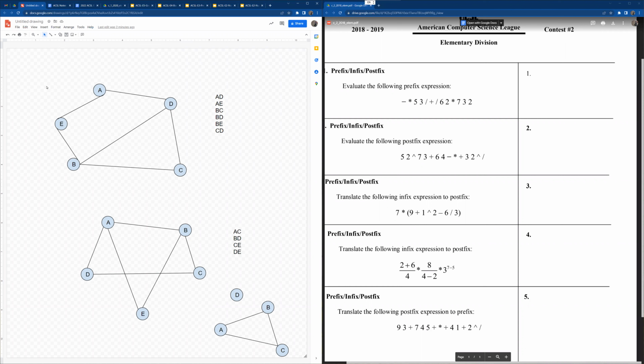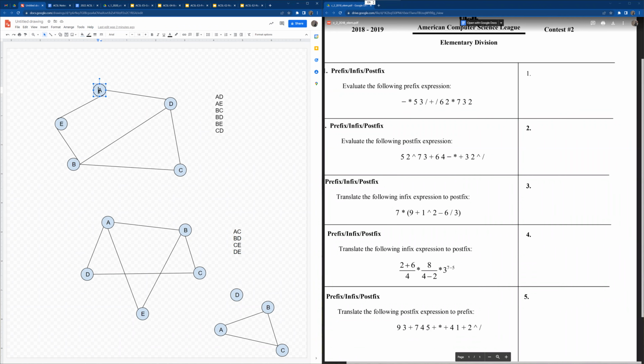The trick for that is to go to the next node. When you start from A, for example, in this one, you go to the next node by alphabetical order, so that it's easier to not repeat things.